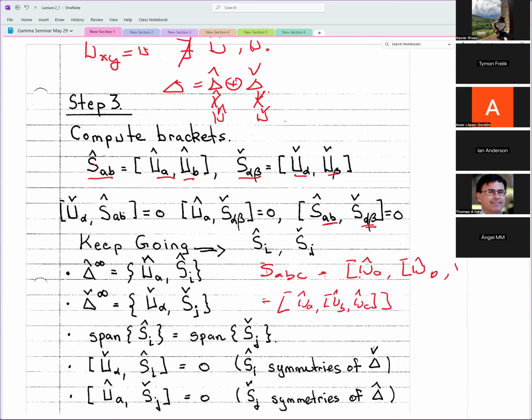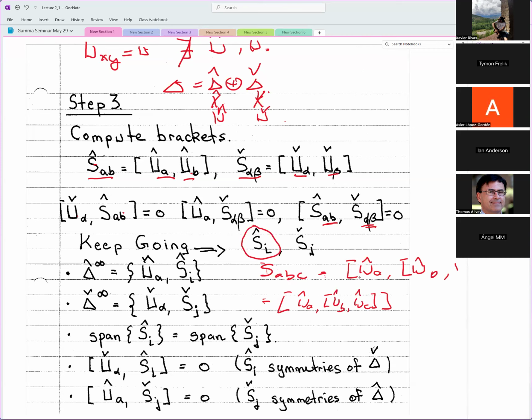Eventually, that's going to stop. You're going to get a set of maximally independent vectors. And I'm going to call the vectors that I get S hat I and S check I.